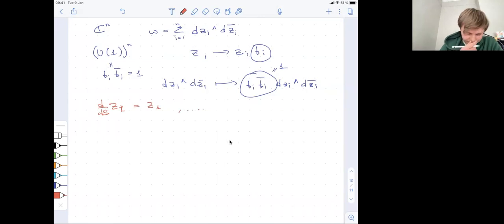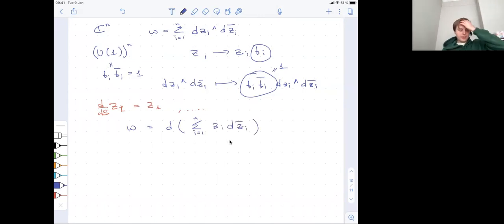But what I didn't say is the following. When you have a Liouville form on your symplectic manifold, so in our case omega is given by the differential of the one-form, sum over i from 1 to n of z_i dz_i bar, then it's much easier to find the moment map. You can insert your vector field into the Liouville form.